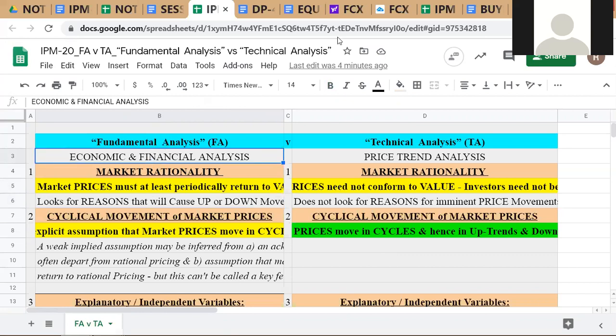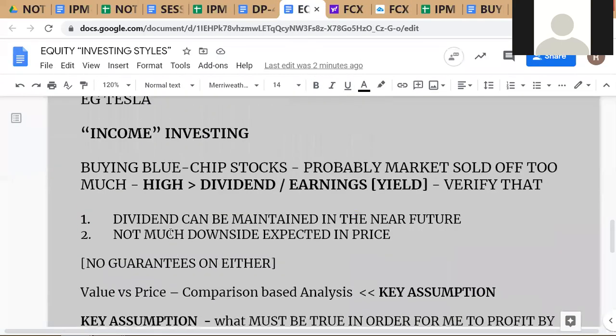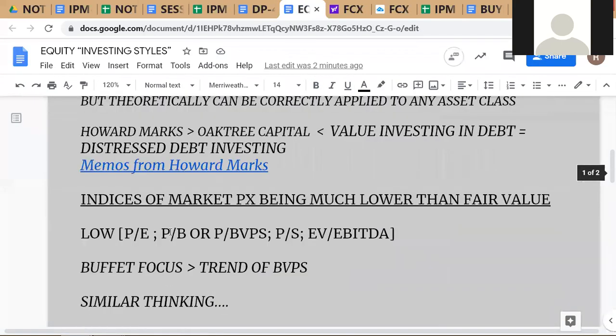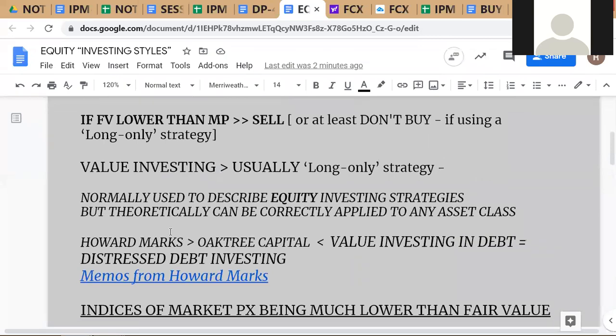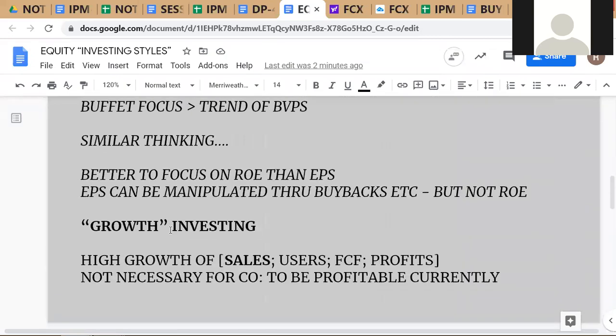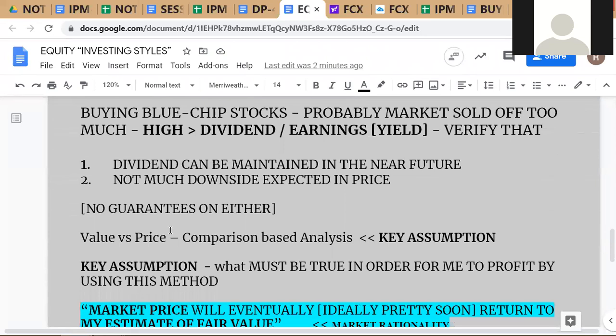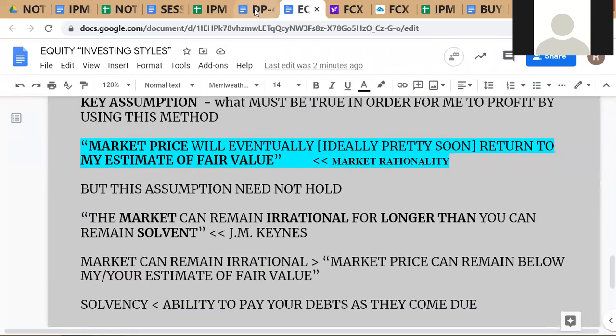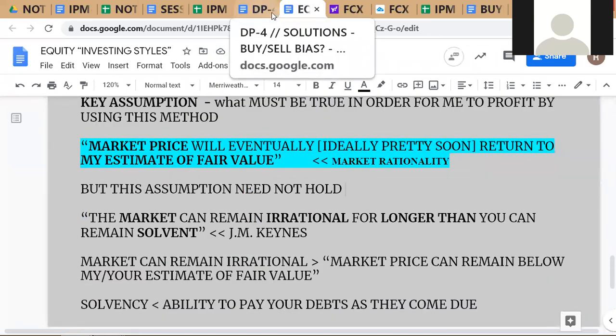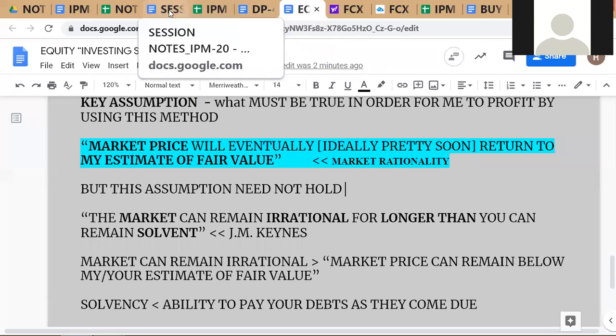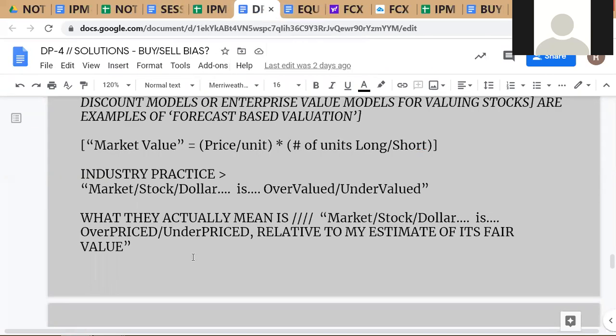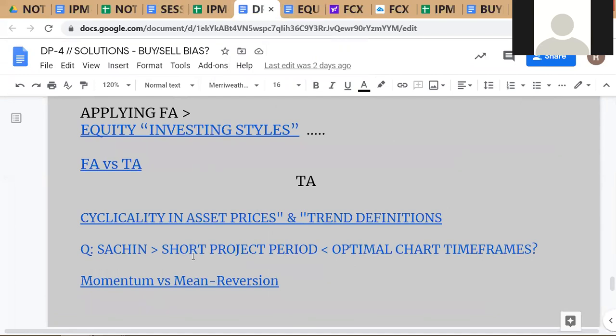Just briefly let me explain. So fundamental analysis, as we have already discussed, is all related to microeconomic analysis. I put in some notes about what fundamental analysis involves. Okay, macro and microeconomic analysis, firm level, macroeconomic level. Or maybe it's in your session notes in this DP4 part. Okay.